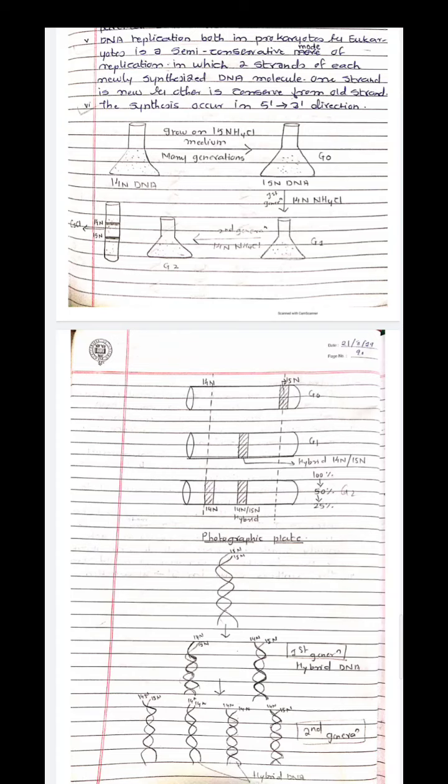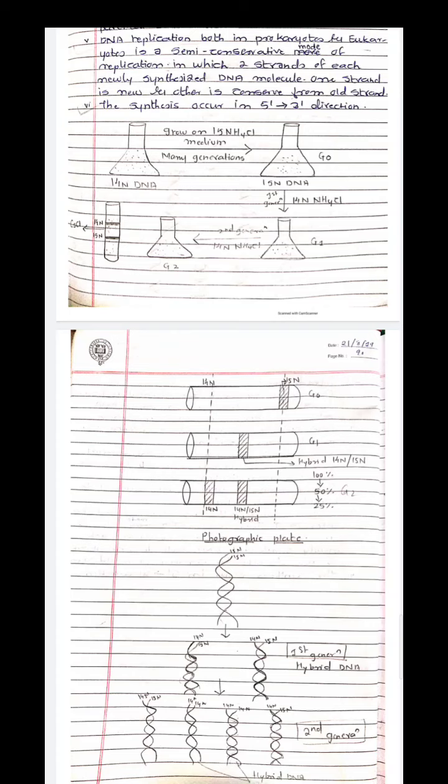Then in the second generation, they found two types of DNA: one is 14N DNA and one is the hybrid DNA, that is 14N and 15N.